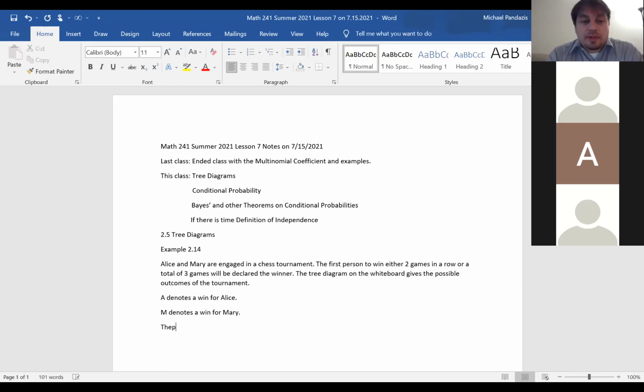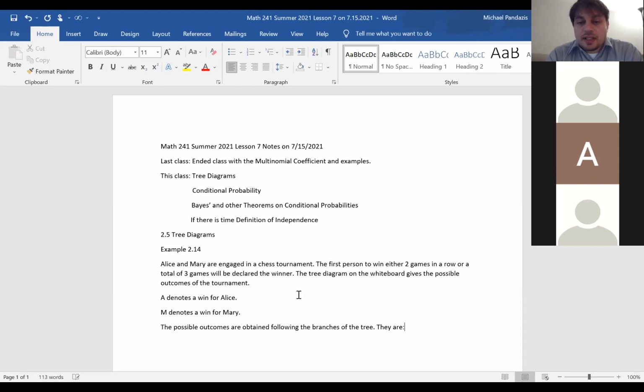The possible outcomes are obtained following the branches of the tree.